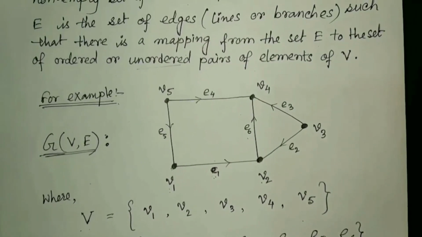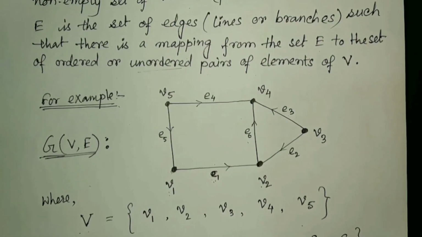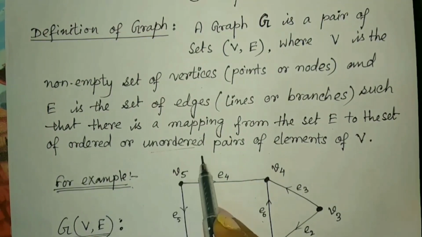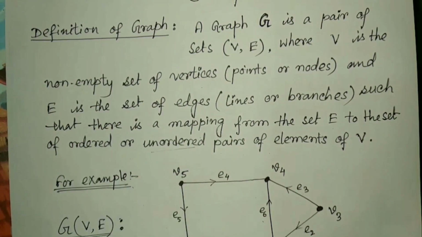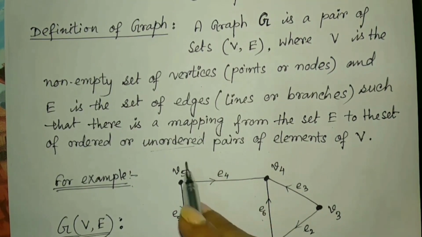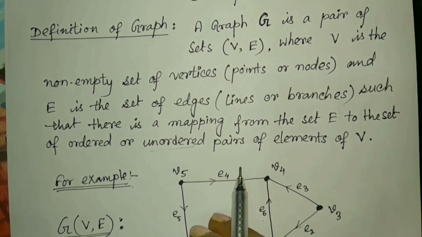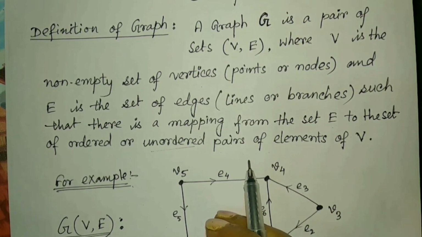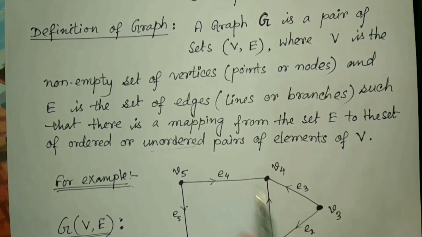So we can't write V2 V1. That is your ordered or unordered pair. Ordered pair means a particular direction is provided. Unordered pair means direction is not given. So according to that, we have two kinds of graph. One is called the undirected graph. Another one is called the directed graph.